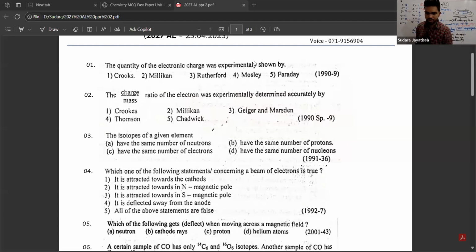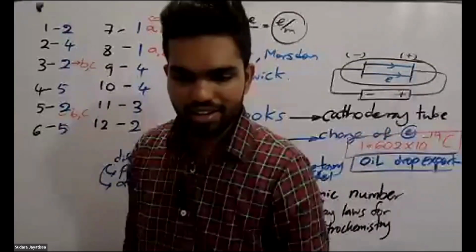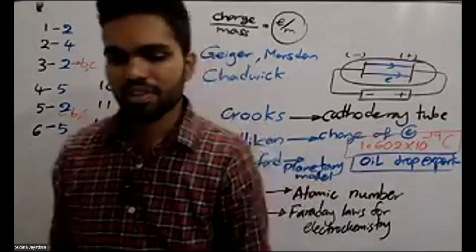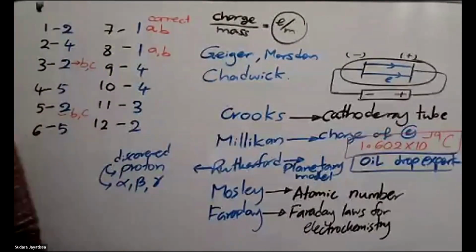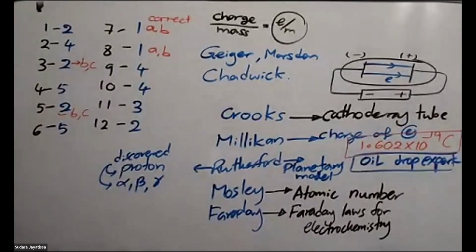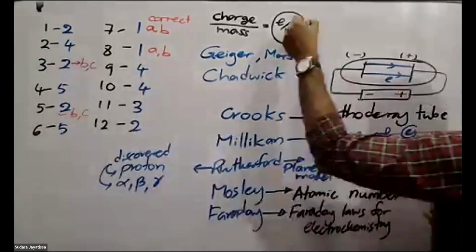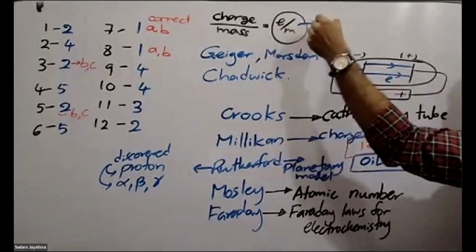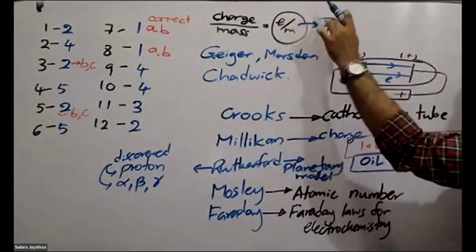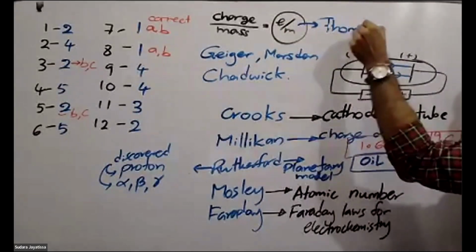You don't need to know a lot of details about them, just the name and how they contributed to the development of atomic theory, that is enough. So the charge to mass ratio, E over M ratio, of electrons was discovered by J.J. Thomson.